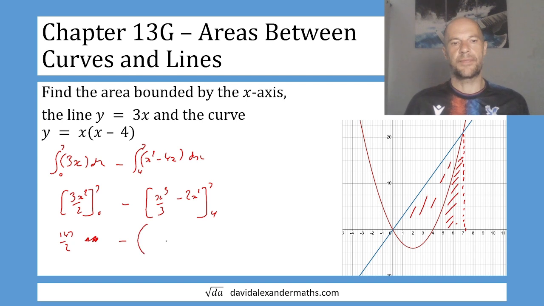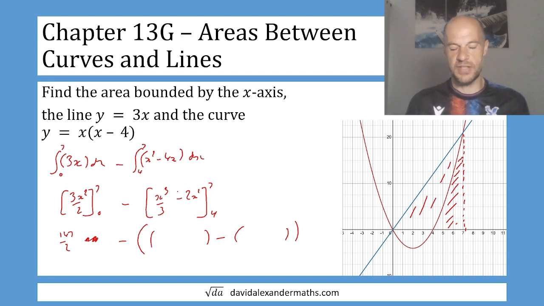Now from this I need to subtract this definite integral. So I'm going to do 2 brackets inside a bigger bracket, because remember I need to subtract the whole thing from the 147 over 2.